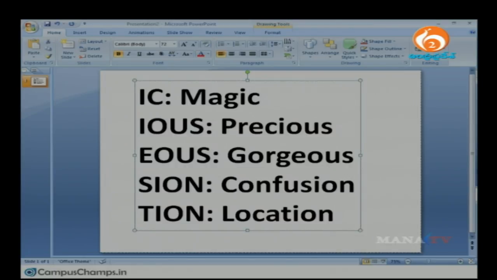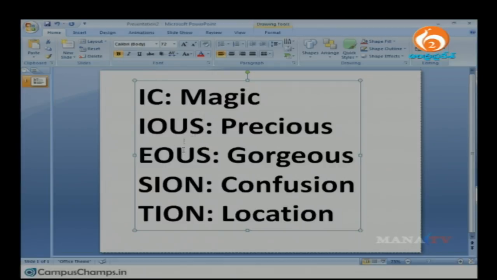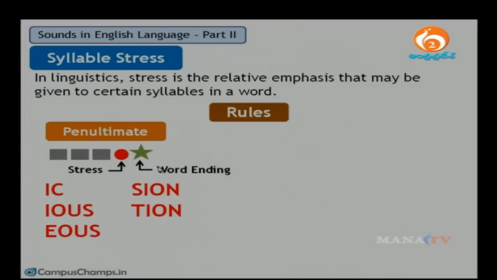The rule says if you have words that end with any of these word endings, the star mark is the word ending. Please pay closer attention. The star here is the word ending. The red dots mark the syllables.